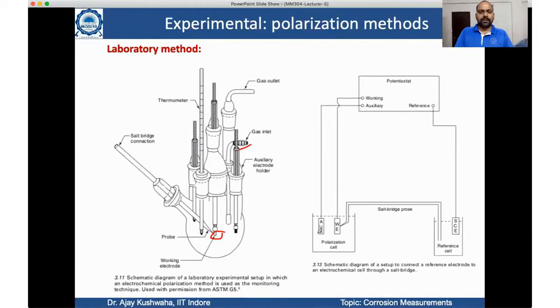So we call it either a counter electrode or auxiliary electrode, and the other is the working electrode. Both are in the same polarization cell, so we call it a polarization cell, and in the other half we have a reference cell. With respect to this reference cell we measure the potential of the working electrode and the potential of the counter or auxiliary electrode, right?